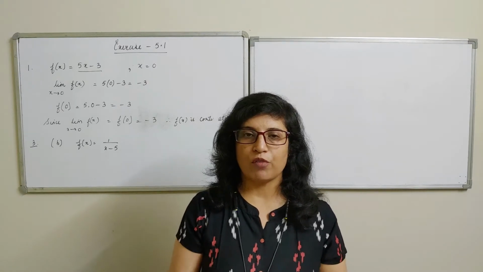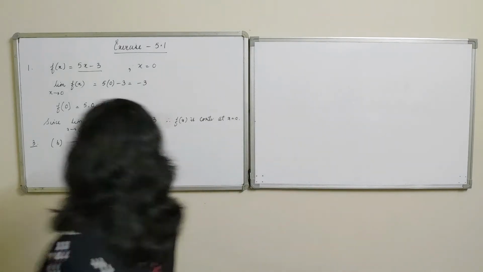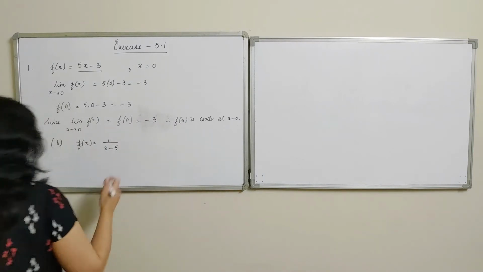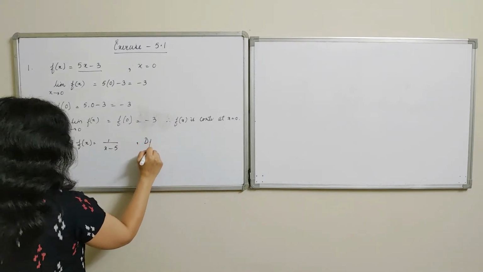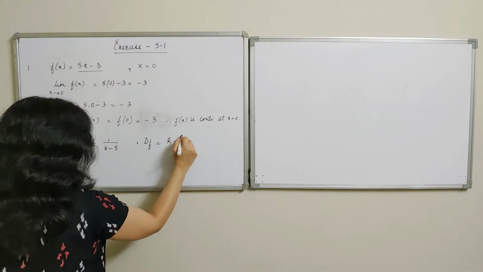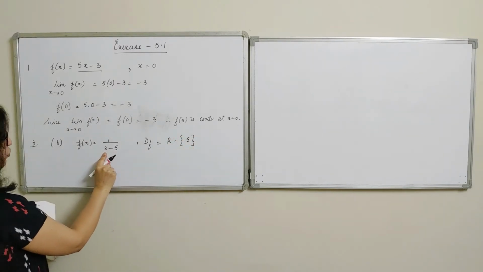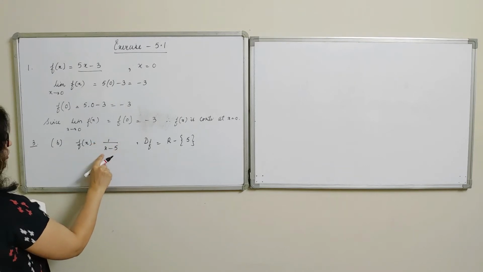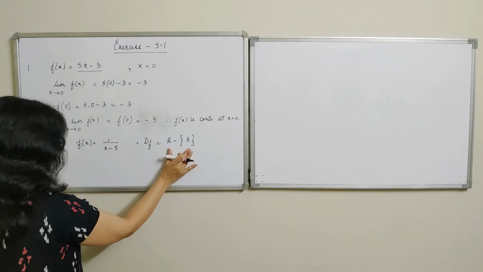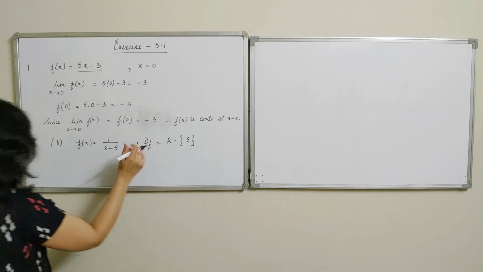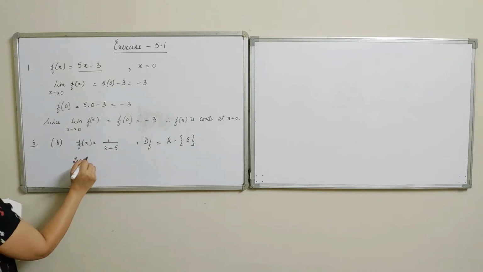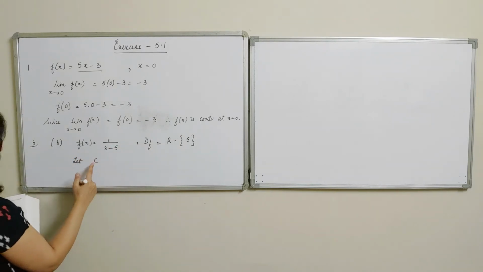So we will first of all find out the domain of the function. Here, the domain of the function is the set of all real numbers except 5, because if you substitute x equal to 5 here, the function is not defined. So this is the domain. This interval is given to us. Now from this interval, let us choose an arbitrary point c.